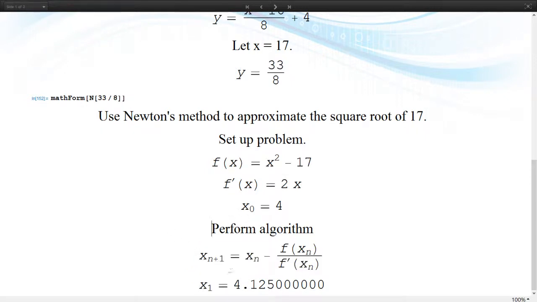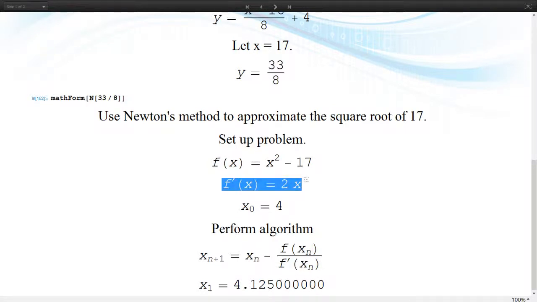To get the x sub 1 guess, we plug in x sub 0, f of x sub 0, and f prime of x sub 0. So f of 4 is 4 squared, 16, minus 17, which is negative 1. This negative sign cancels with that, so we get a positive.